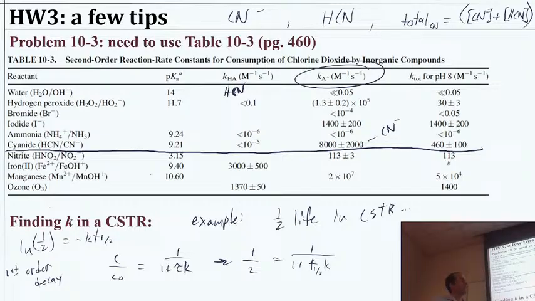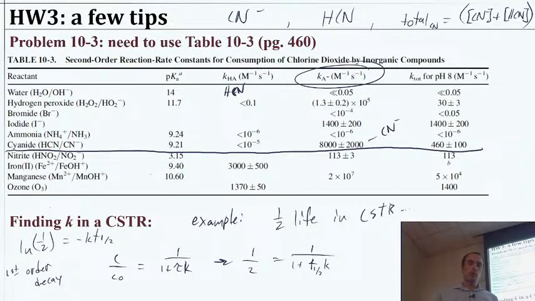And then they also give us a rate constant for the total, if you just had the total cyanide in solution as a value, but at a specific pH. So it already factored in all your pKa stuff for pH 8 for this third column. So this third column shows you that it's possible to make an average K, but it didn't do it for you for the pH that the problem uses. And that one's not really going to be relevant for your problem because you're at a different pH.